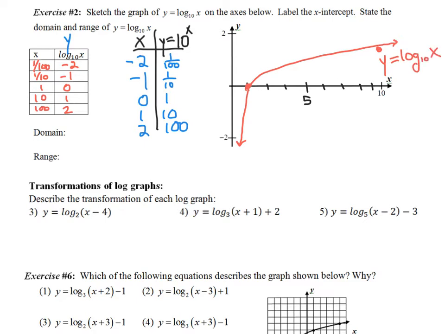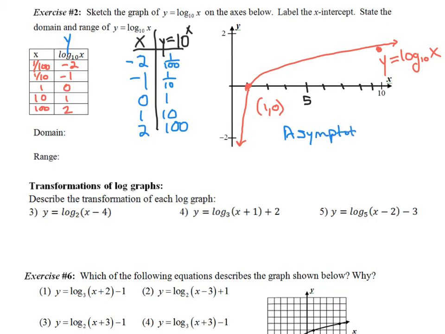Now you'll notice that this graph does cross over the x-axis. Its x-intercept is going to be the point (1, 0), but it doesn't cross over the y-axis. In fact, the y-axis is another important thing for this graph. It's an asymptote.